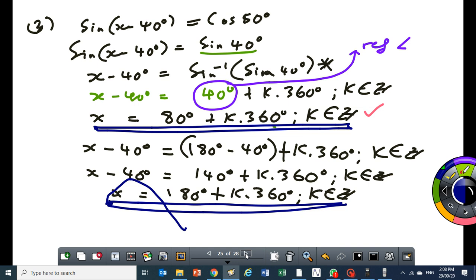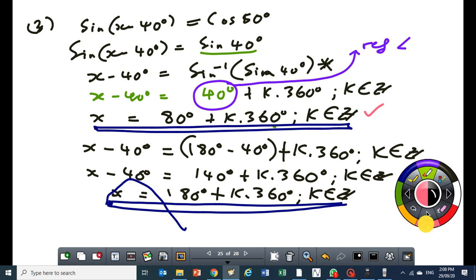So from here, we now need to find the actual values of x between minus 360 and 360. To get those values, we substitute. So we say, therefore, x is equal to, let's start with this one. Let's put k equal to 0. If I put k equal to 0, I'll get 0 plus 80, which means 80 degrees is the solution.